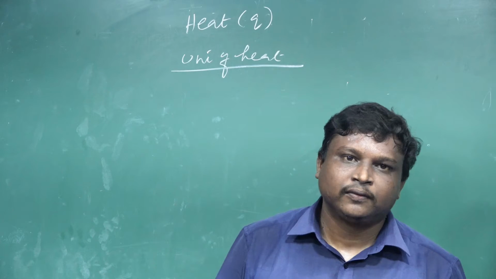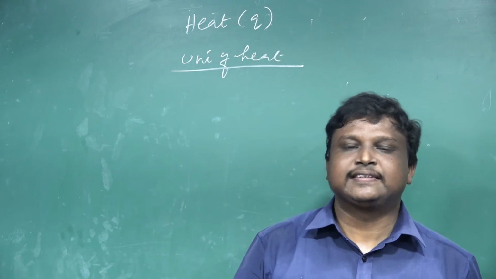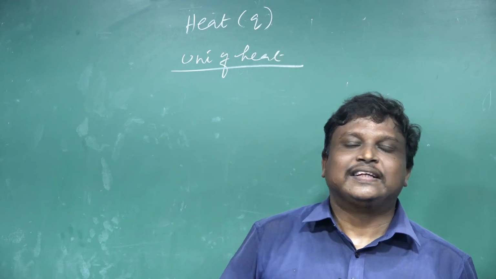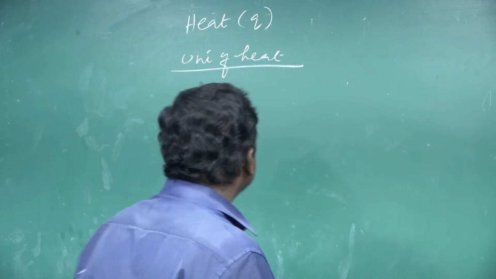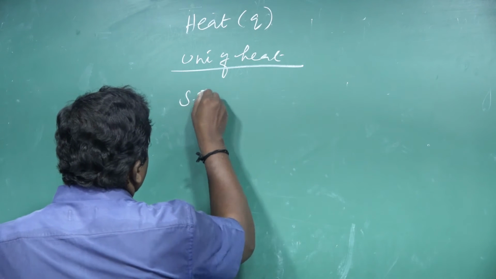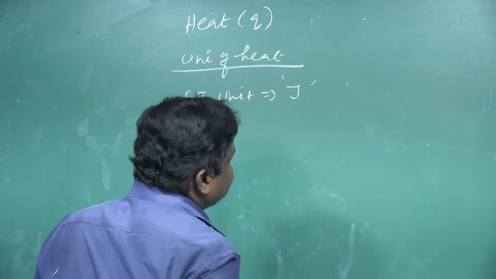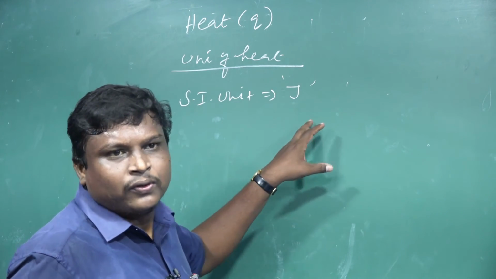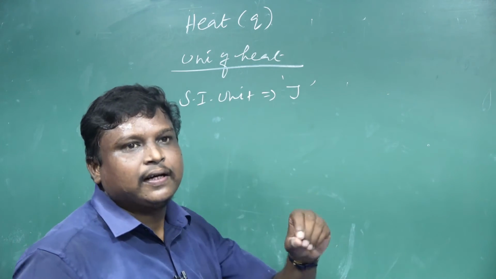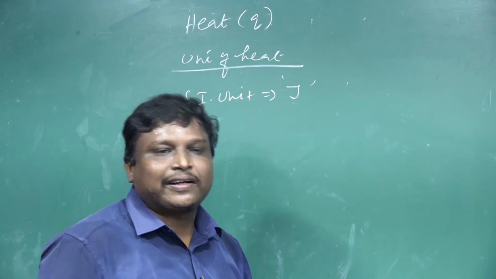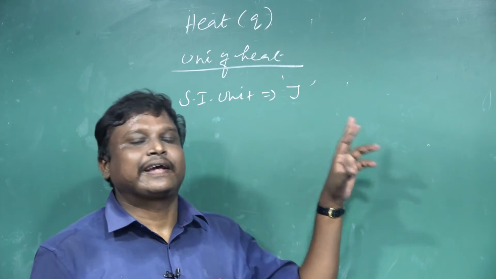The SI unit of heat energy is the joule, represented as J. Commonly, it is also represented in calories.